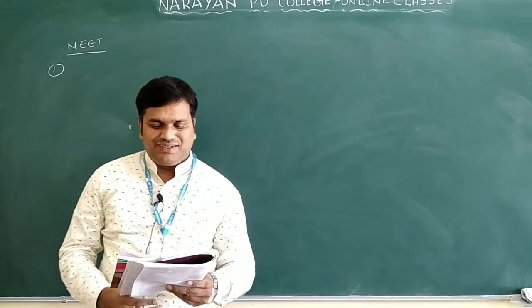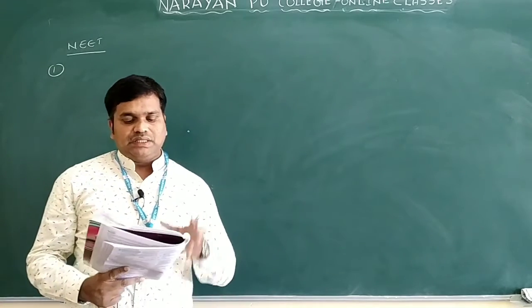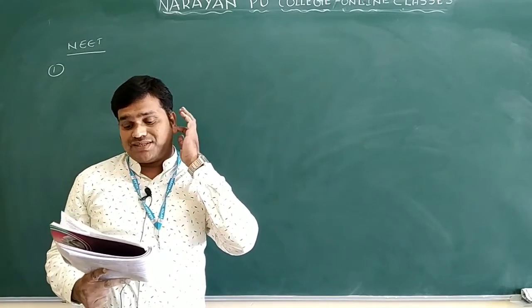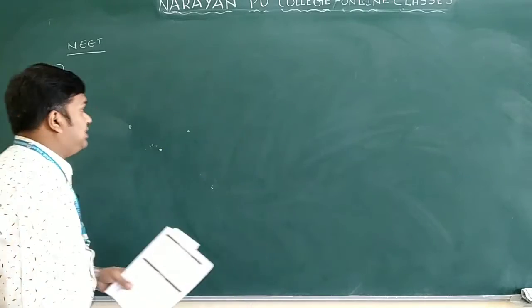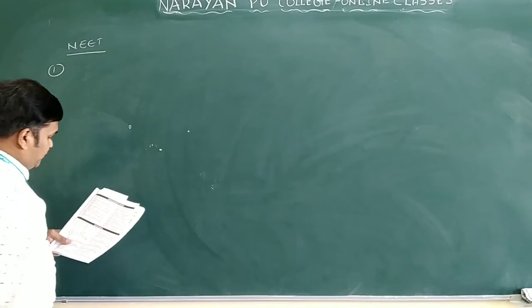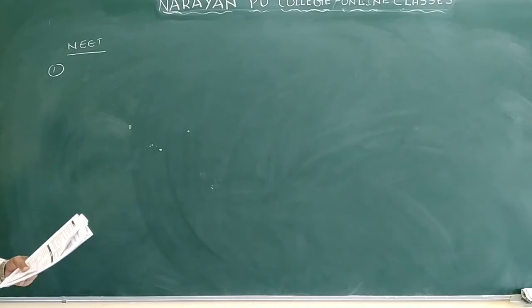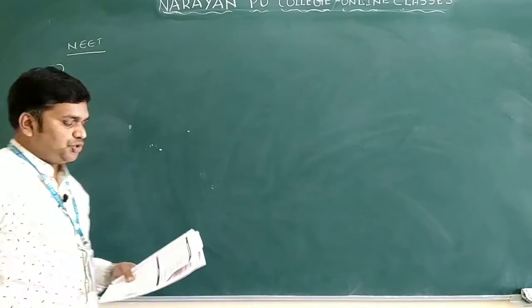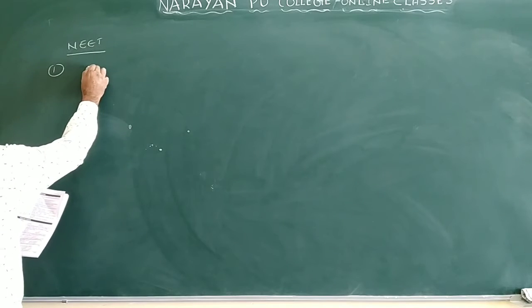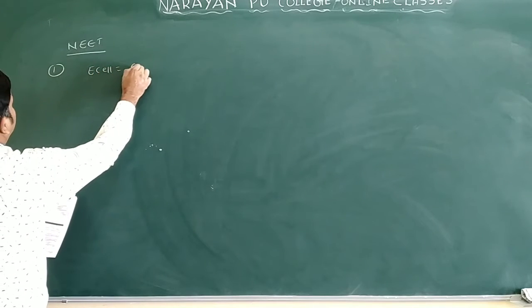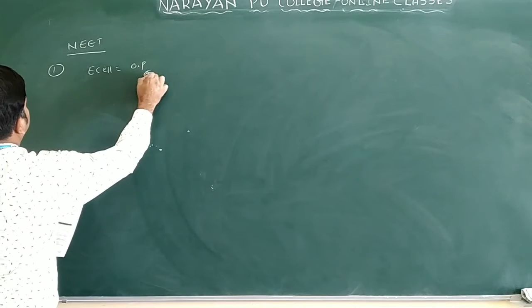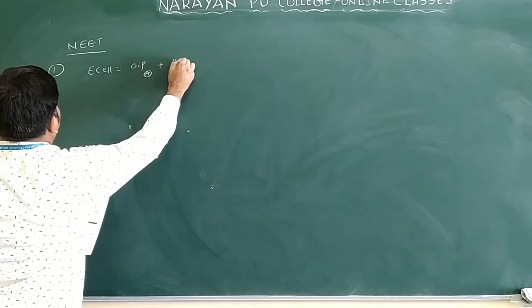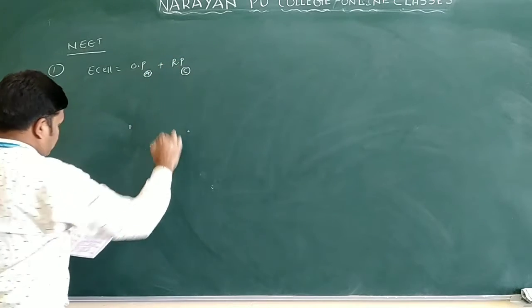So the first question: the correct value of the EMF of the cell is given by. Different options are given. First I will write the formula, then you choose the right answer. E cell is equal to oxidation potential at anode plus reduction potential at cathode.